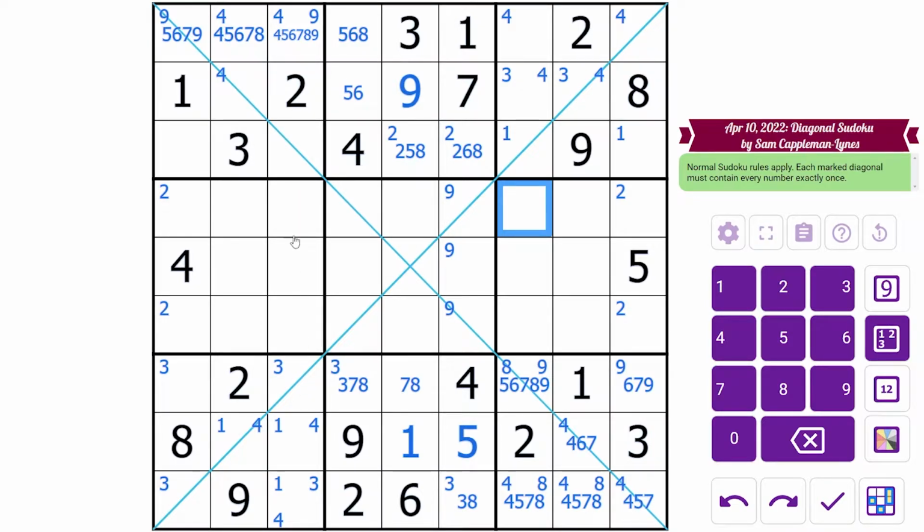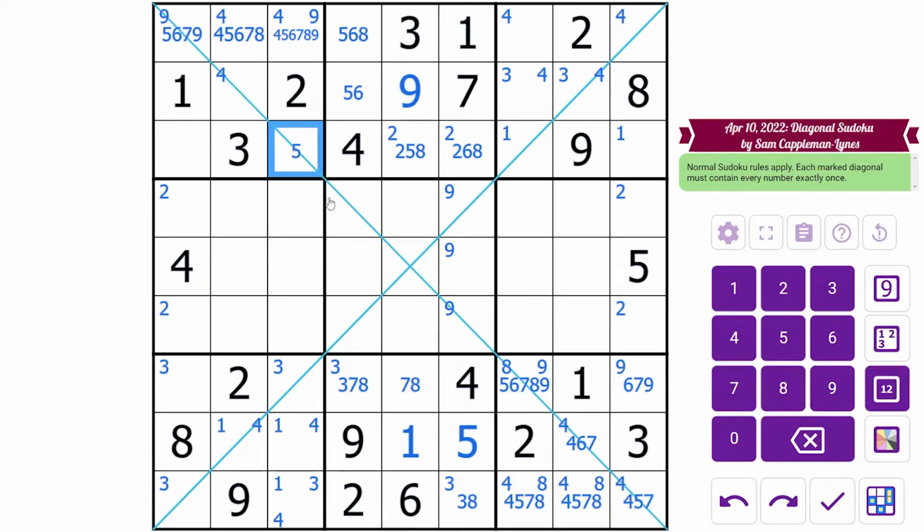Let's take a look at this box, or these boxes. So we have a 1, 2, 3. This sees 4. It doesn't see 5. It doesn't see 6, 7, or 8. We've got 1, 2, 3, 4.